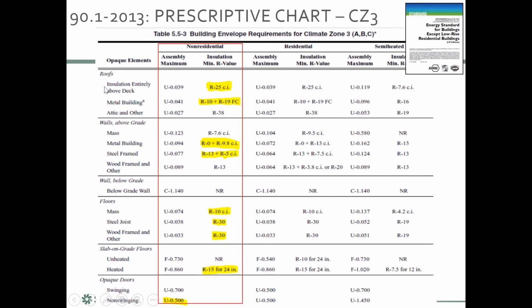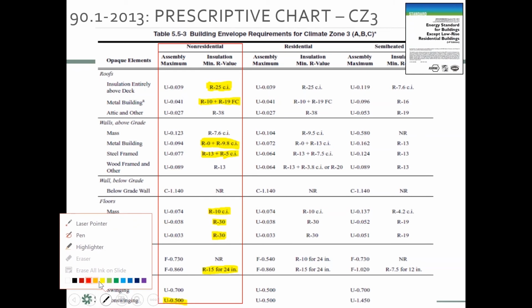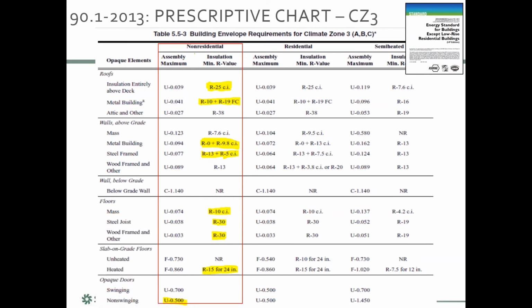You can either do all the insulation above the roof deck and make it R25, or any combination as long as your assembly U factor does not exceed 0.039. So in other words, you're trying to show compliance on either side of this. You can either not exceed this number, or you can do at least as good as this or more on this number.